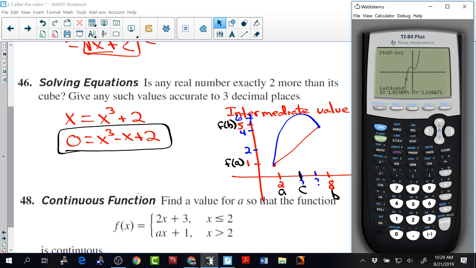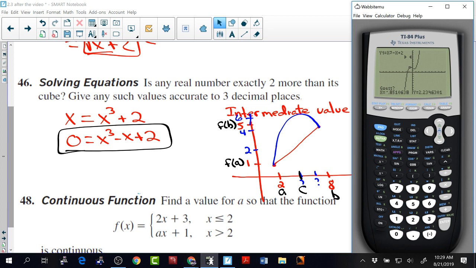If I give a negative value, press enter. And then I go to the right of the 0 and say, all right, that value's positive up there. What are you guaranteed? Somewhere in there, there's got to be a 0, right?